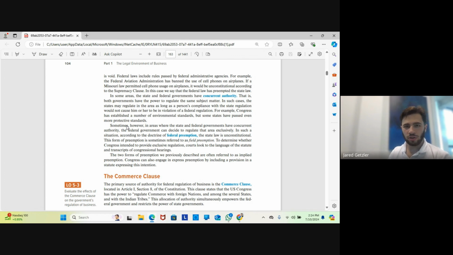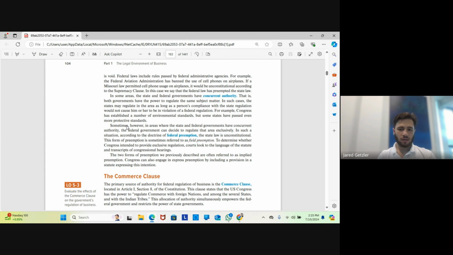California, as long as it's constitutional, can also insert additional laws to regulate the environment. This is very common in certain states. California is doing it now with a lot of the farms there. They're putting on harsher environmental regulations relating to greenhouse gases. And as long as those are constitutional, there can be concurrent authority. So not only do the farmers have to follow the federal law, they also have to follow the California state law as well.